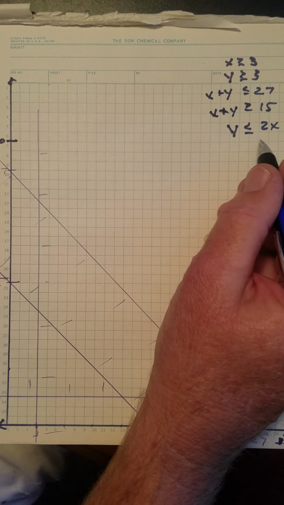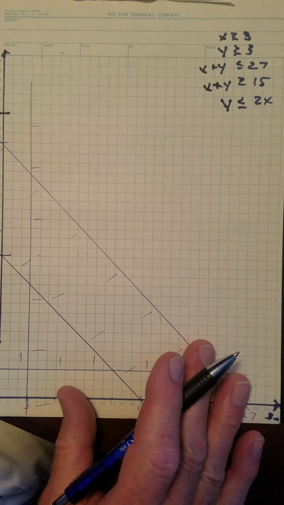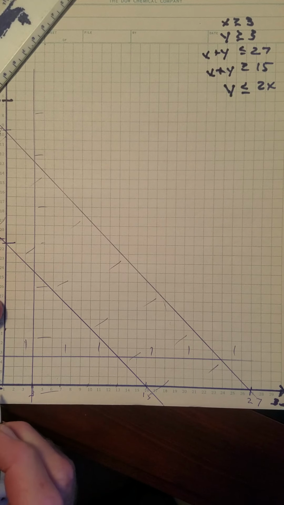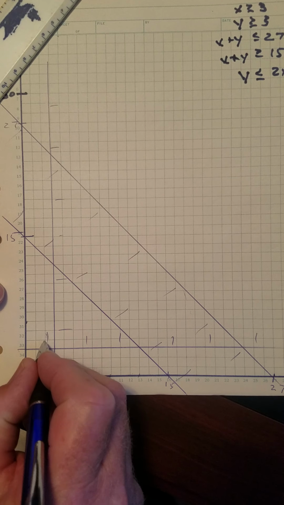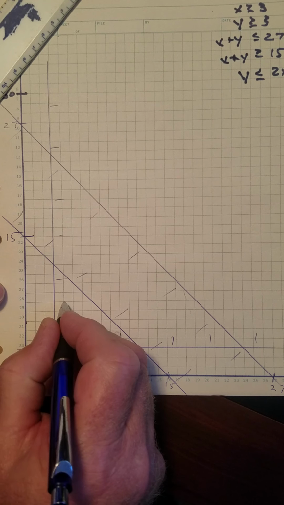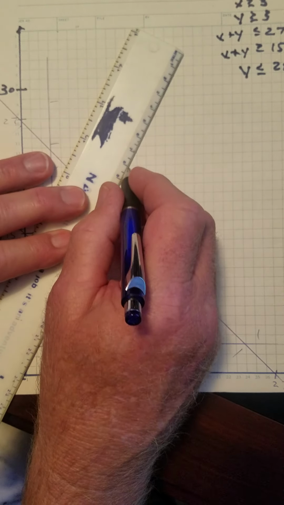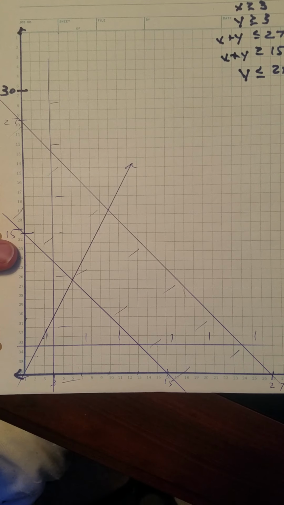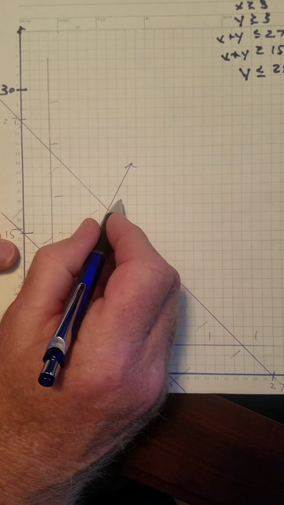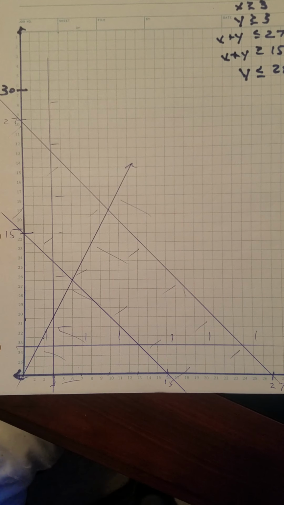I got y less than or equal to 2x. So the intercept is 0, the slope is 2. So it's going to hit down here at 0, up 2 over 1, up 2 over 1, up 2 over 1, up 2 over 1, up 2 over 1. That should be enough. So that line goes right there. And it's less than, so that means everything down in this region. So what do we got?